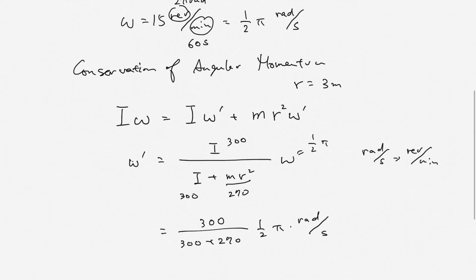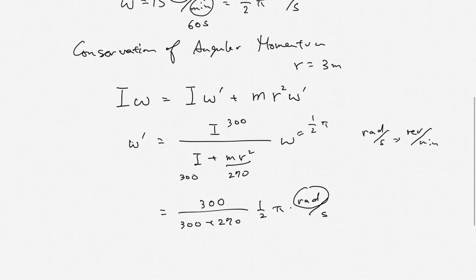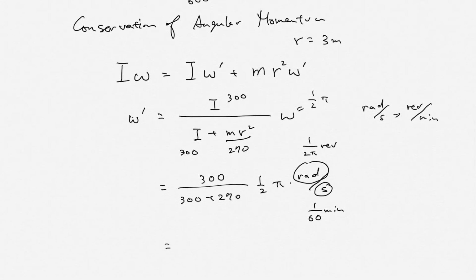A radian is 1 over 2 pi revolutions, and a second is 1 over 60 minutes. Then you can convert, and it becomes 7.89 revolutions per minute. Okay, this is the answer to this question.